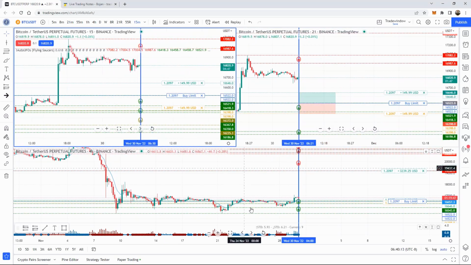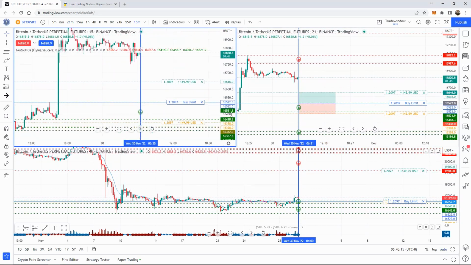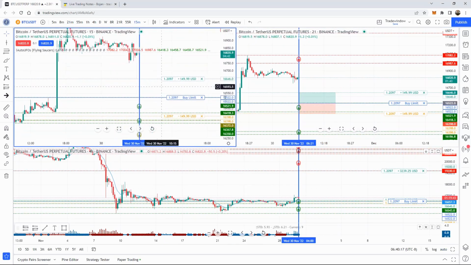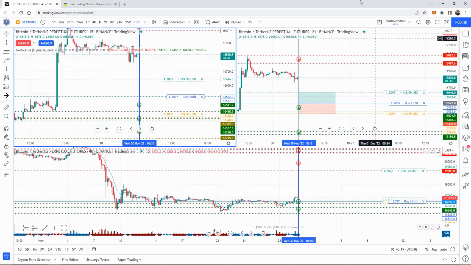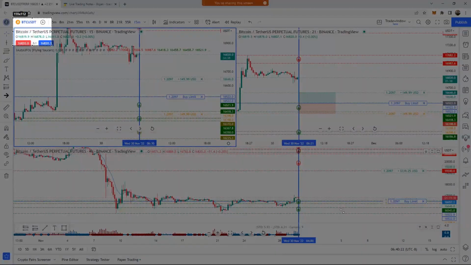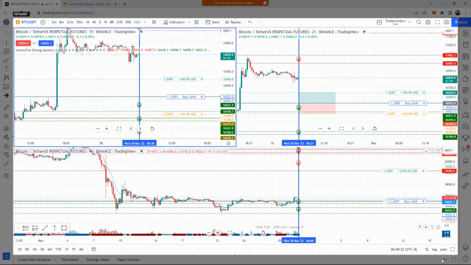We have our trade set up here. Everything's in order. So let's take this screenshot right there. 2022, 11:30. This is BTC for our setup.